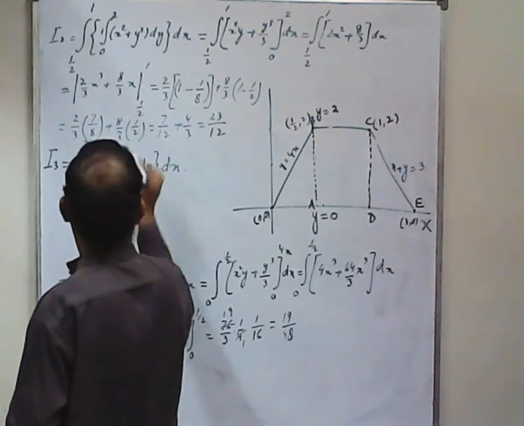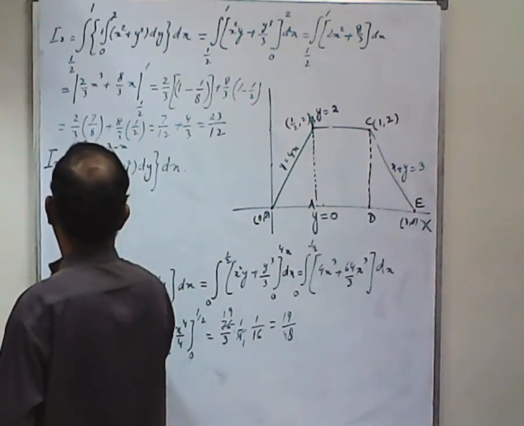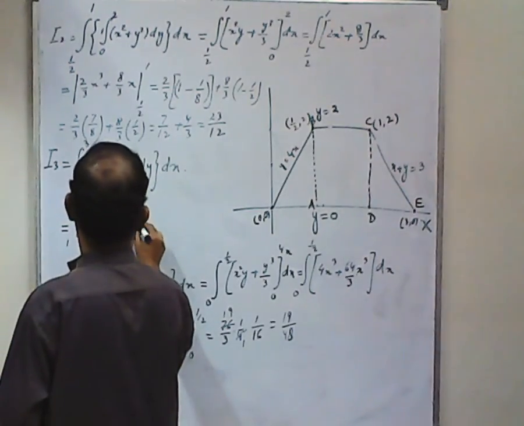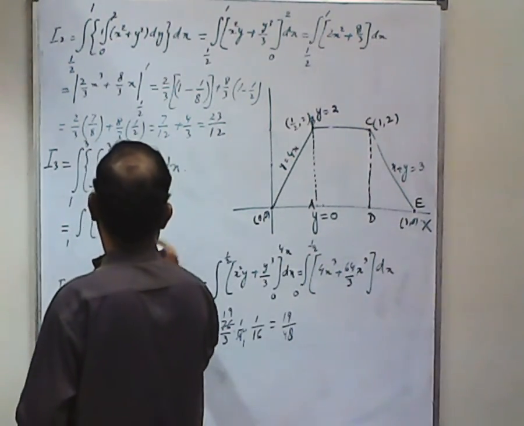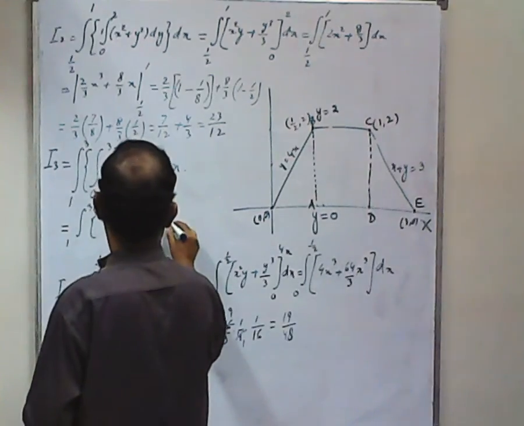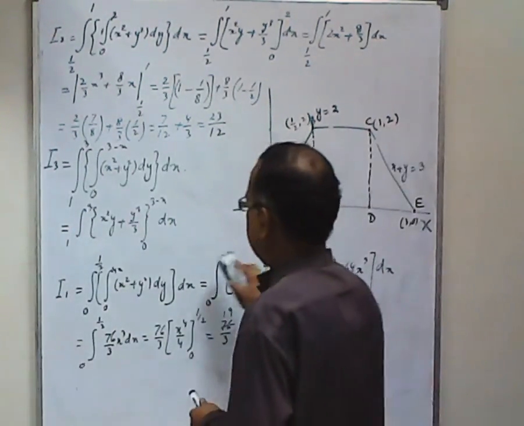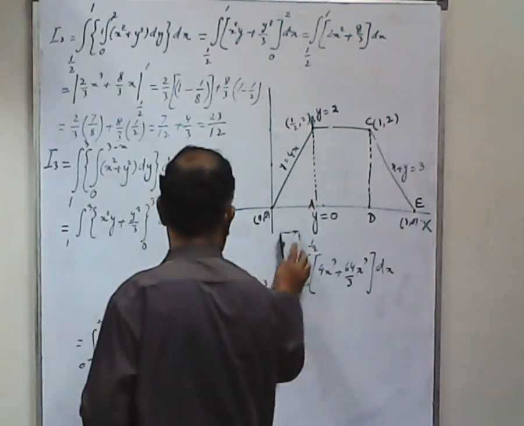So if I calculate 1 to 3, this is x square y plus y cube upon 3, with limits 0 to 3 minus x. This is dx. And now I am cleaning this I1.